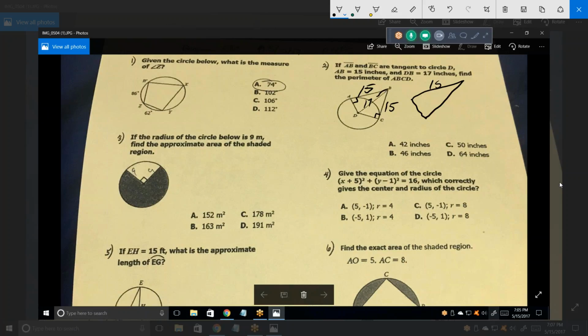And that's a 15, 17. You know what this measurement is? You know how to do it using the Pythagorean theorem? Yeah, I could. Go ahead, do it then. I want to make sure you can do it.